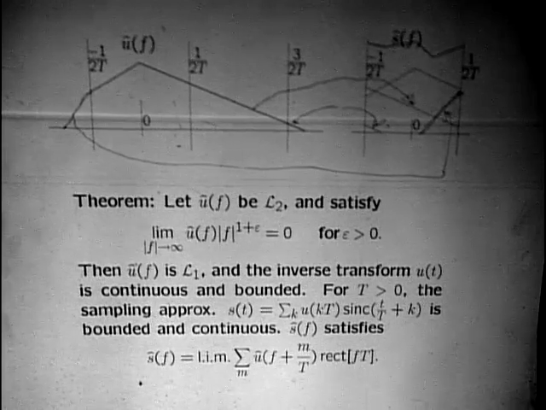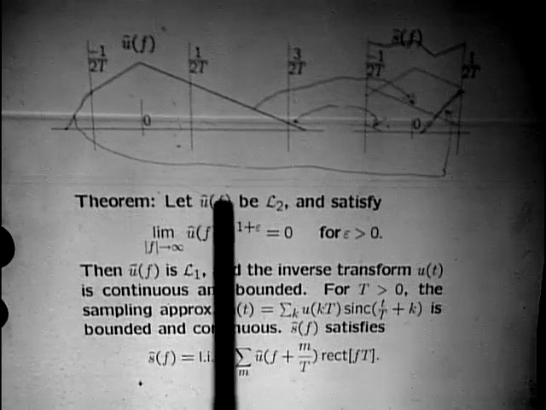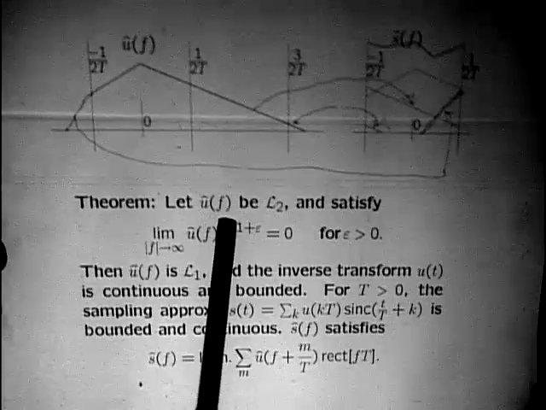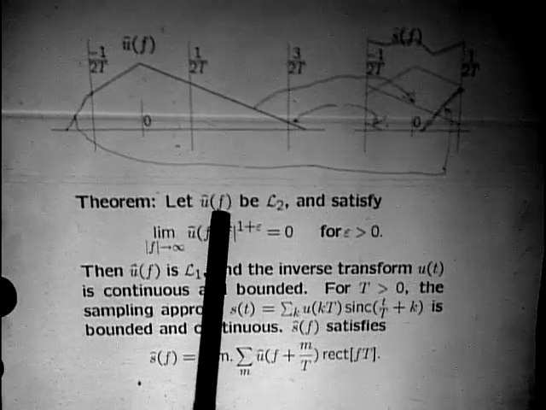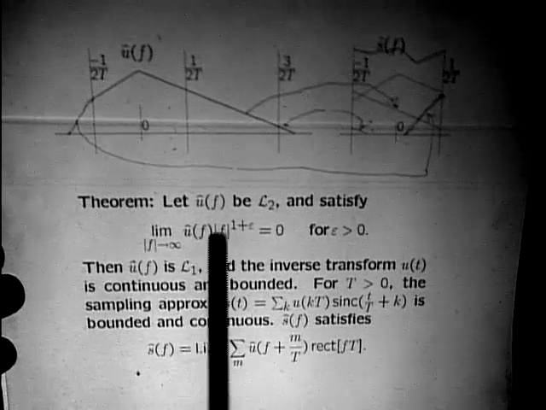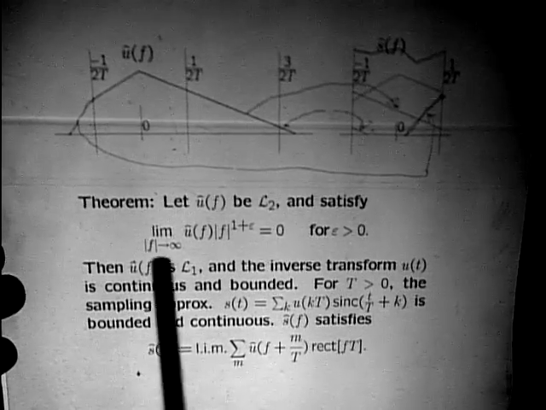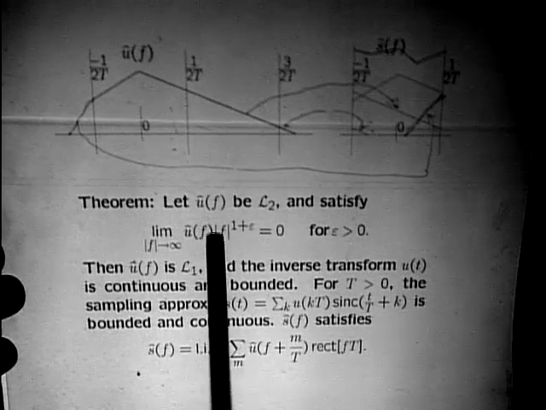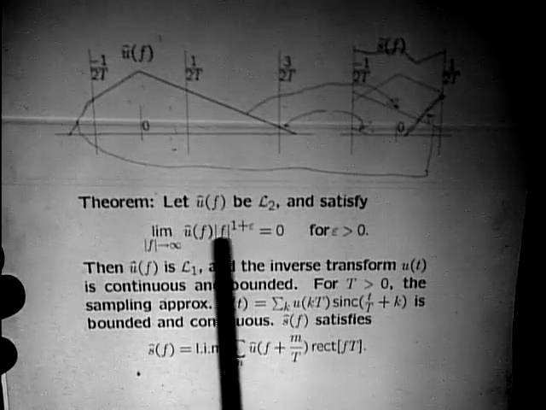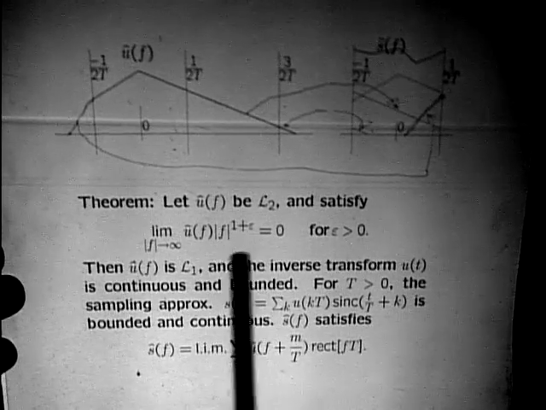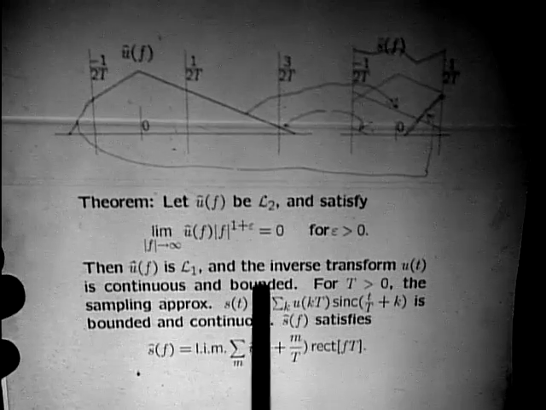So the condition that you need, in order for all of these aliasing results to hold true, is that the limit as f goes to infinity of u hat of f times some function f to the 1 plus epsilon has to go to 0.